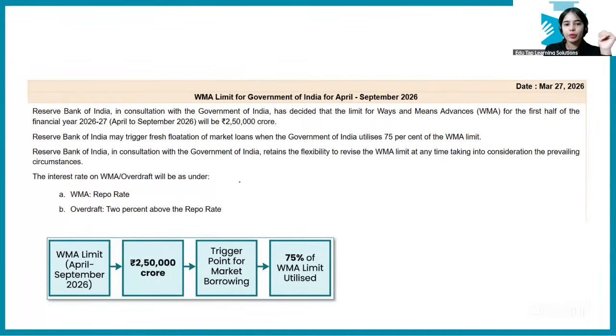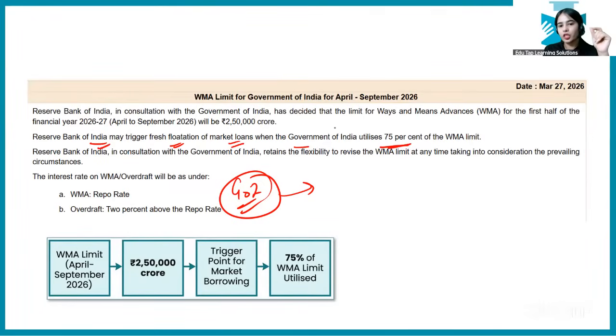Now, when the government of India has already utilized 75% of the WMA limit, the RBI may trigger fresh flotation of market loans for the government of India. So basically, if the government has already used 75% of the 2,50,000 crore, the RBI recognizes that the government might require more money.